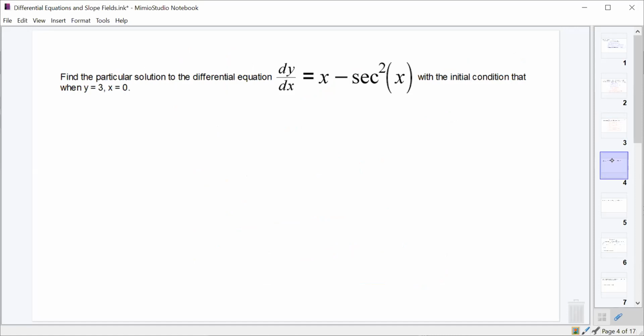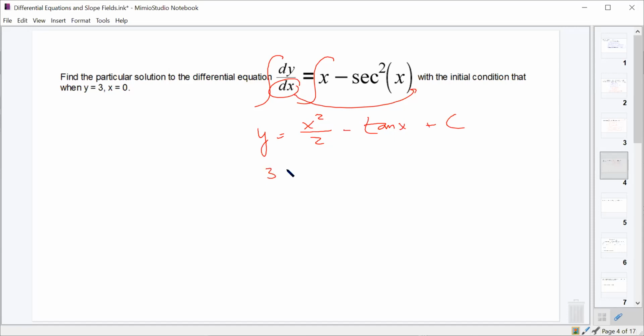So we're going to do the same thing, right? Bring our dx over and integrate both sides. And we'll get y equals what? X squared over 2 minus tangent x plus C, right?